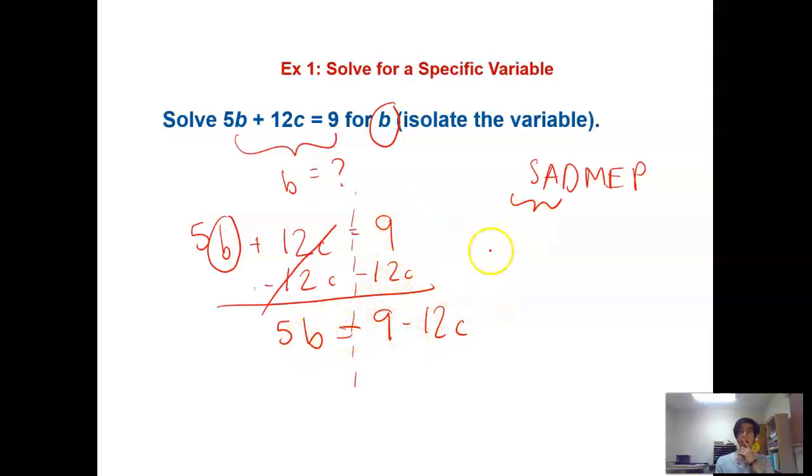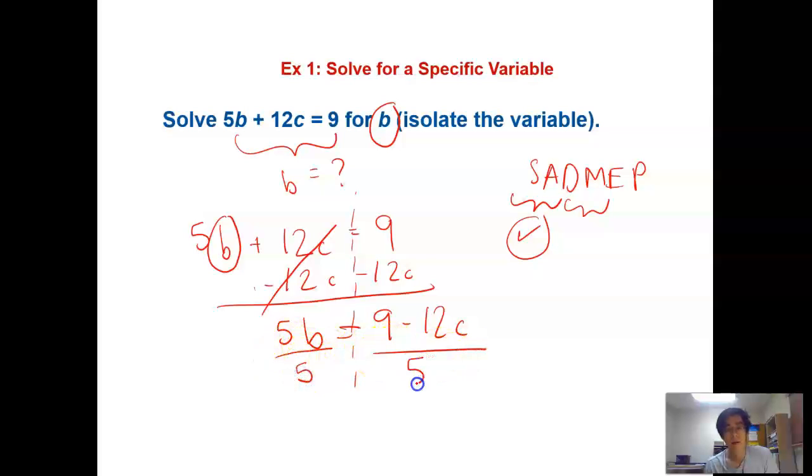So now I got addition and subtraction out of the way when it comes to b. Now let's look at division and multiplication. Right now, 5 is being multiplied by b. I'm going to do the inverse operation of multiplication, so I'm going to divide by 5 on both sides, okay?